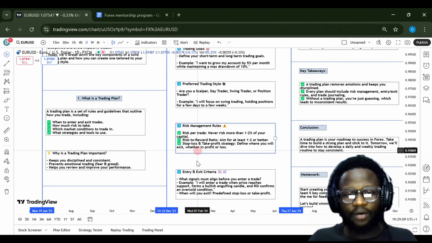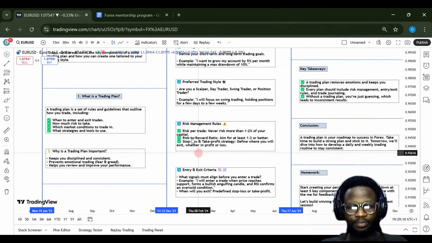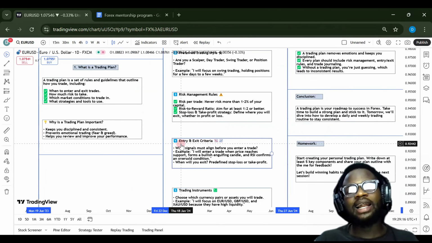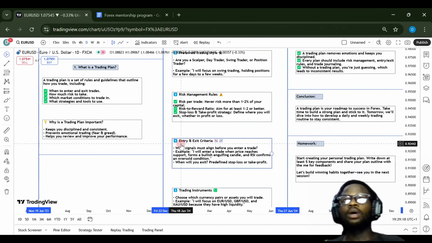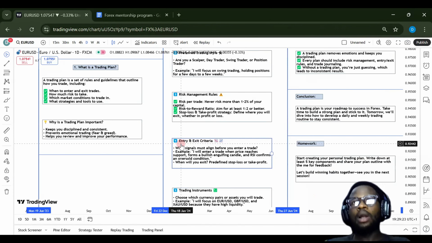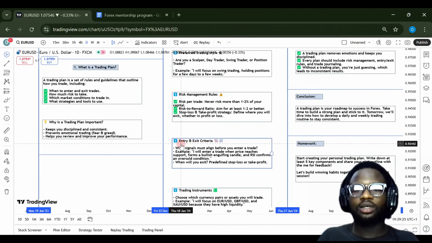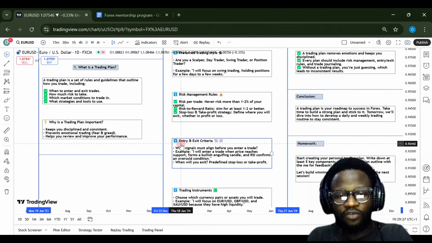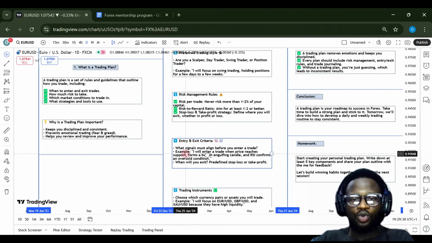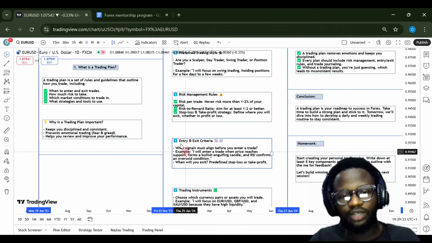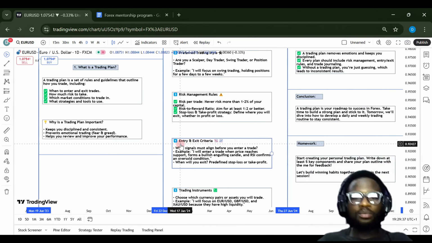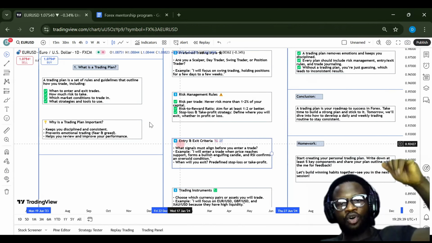All right. Then number 4, entry and exit criteria. What signal might align before you enter a trade? Are we trading from the resistance zone or support zone? What am I seeing? Is that support holding? I want to make my decision from this anytime I see this, right? So what signal must align before you enter a trade? For example, I will enter a trade when price reaches this support and forms a bearish engulfing candle.